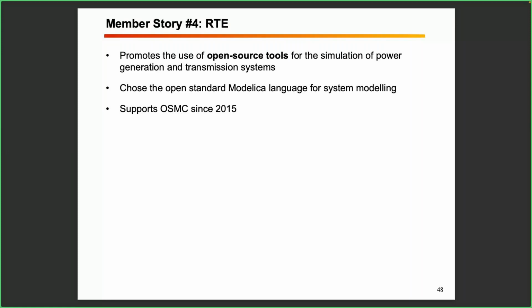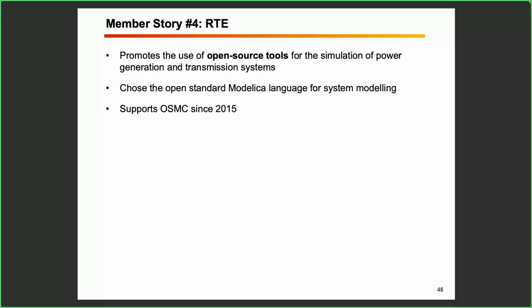Most of them use commercial tools, except historically 2. One is the Italian TSO, Terna, and the other one is the French RTE, which traditionally had in-house codes from the 70s that eventually they had to retire because they could not keep up with their maintenance.